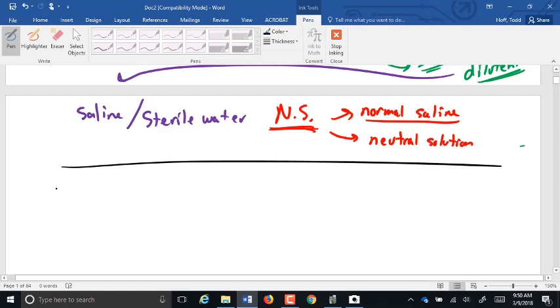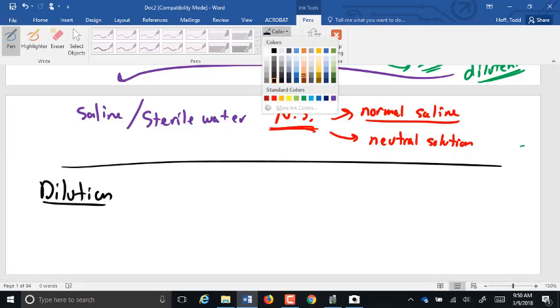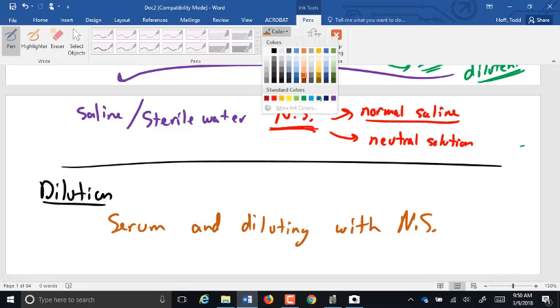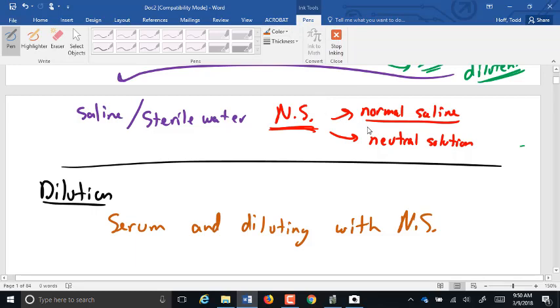So the first thing we're going to talk about today is something called a dilution. A dilution is taking that active ingredient, taking a serum, and diluting it with some sort of inactive, sterile water, normal saline, whatever. The way a dilution would be stated is usually something like this.